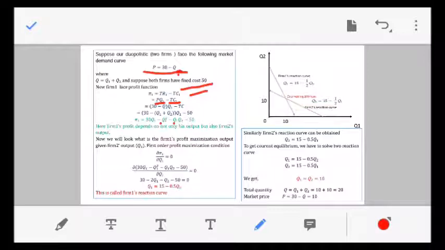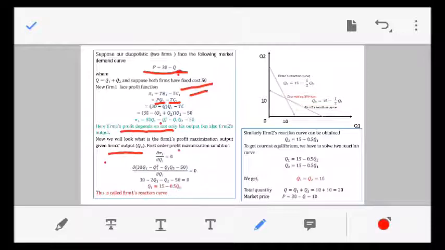So farm 1's profit depends upon both its own product as well as farm 2's product. Farm 1's profit not only depends upon its own output, but also on the other competitor's output. Now we will look at farm 1's profit maximizing output given farm 2's output.